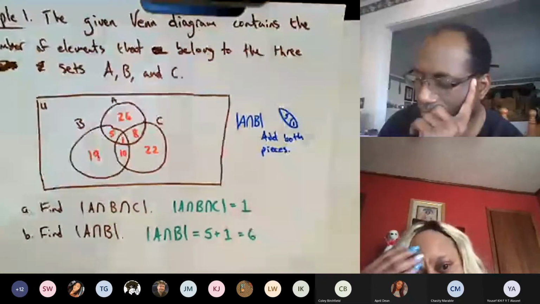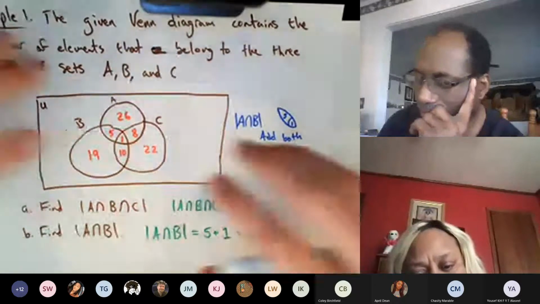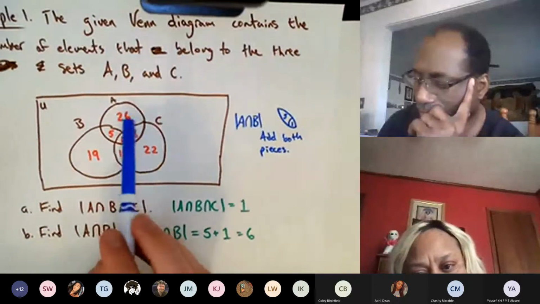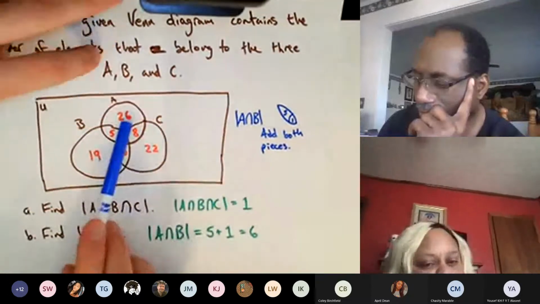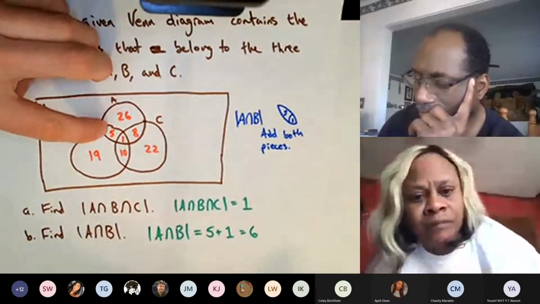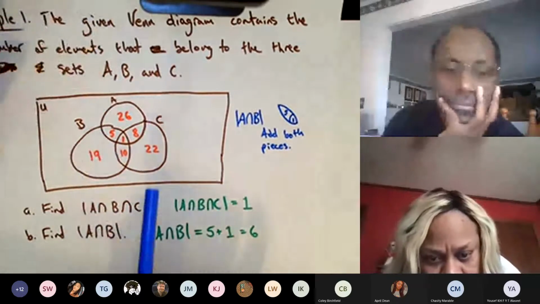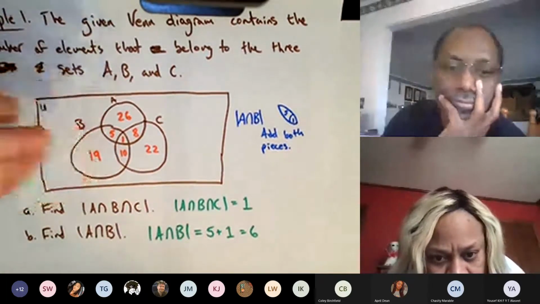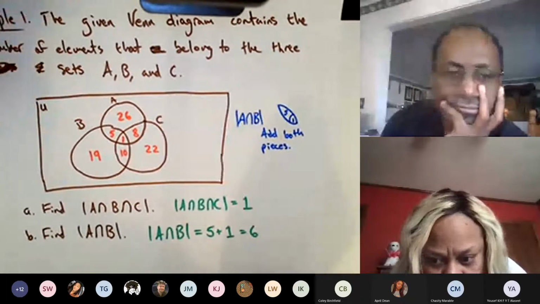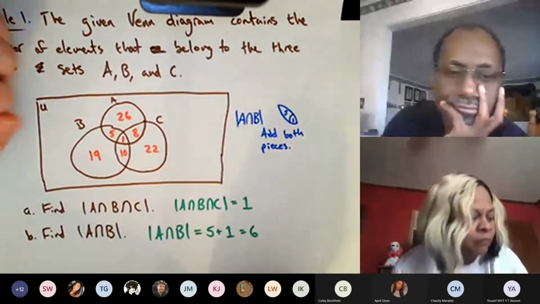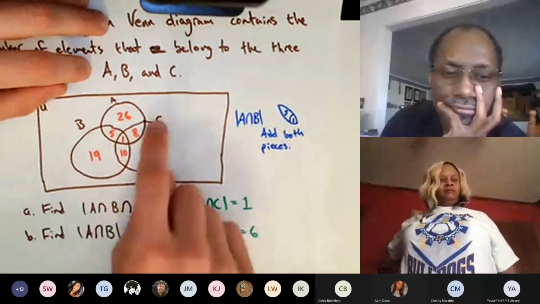Whenever you see a Venn diagram that's already built like this, it's already pulled apart. The set A is split into 4 different locations: where the 26 is, the 5, the 1, and the 8. And similarly for B, each of these sets is split into 4 locations or groups, depending on whatever's going on with the problem.